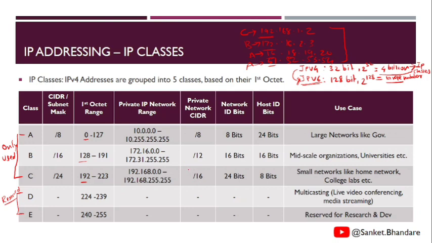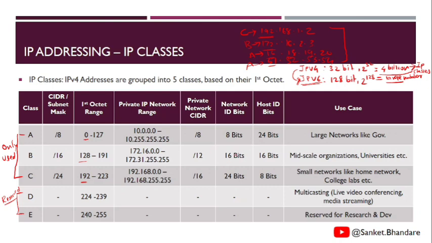And based on this subnet mask, you can calculate the number of hosts for this particular private network. So class A has 8 bits for network and 24 bits for host. As we have mentioned, an IP address is a 32-bit number. So out of this 32, the first 8 bits are assigned to network and the next 24 bits are assigned to host.